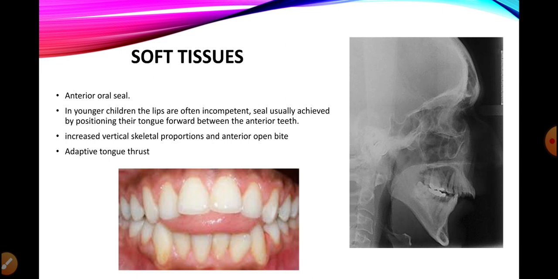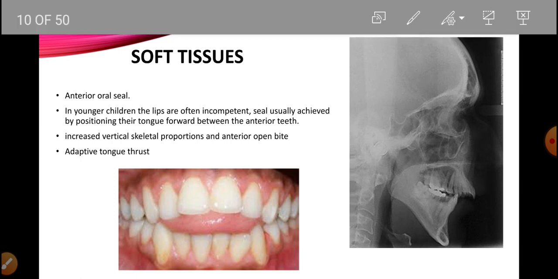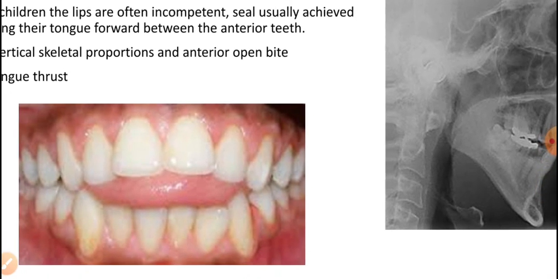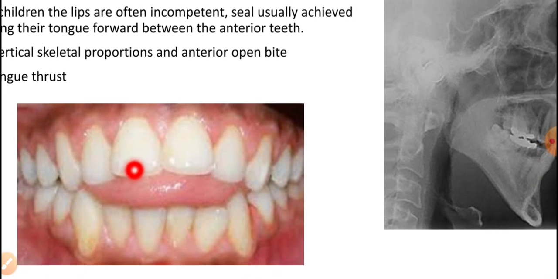In the patients who are presenting with an anterior open bite, the tongue has to come forward in between the teeth to make a seal for swallowing, because the teeth are not meeting each other. Therefore, in order to make a seal, the tongue has to come in between.